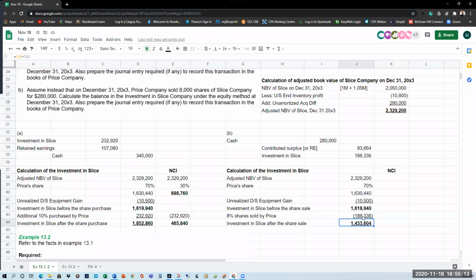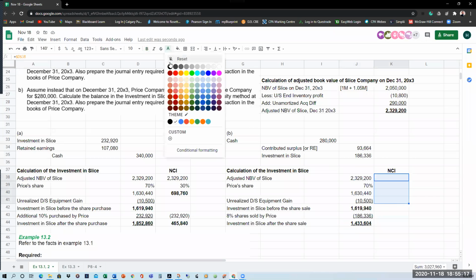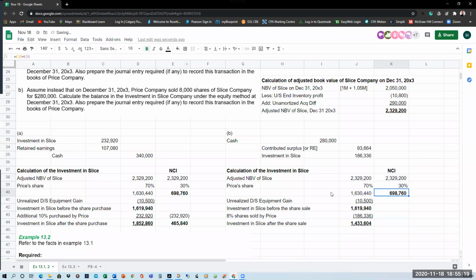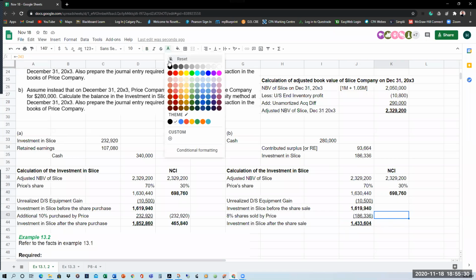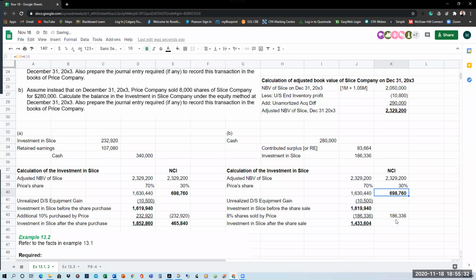And where does that 186,336 go? Well, it goes to non-controlling interest. NCI was 698,760. After Price Company sold the shares, this much value moves over to NCI. And so non-controlling interest will, after the fact, be equal to 885,096.